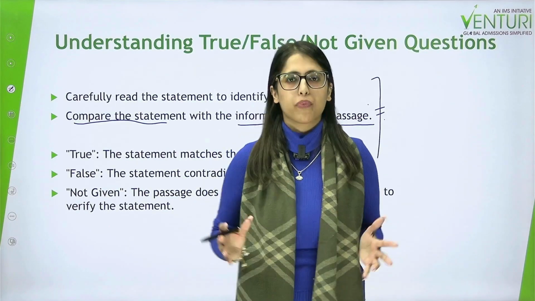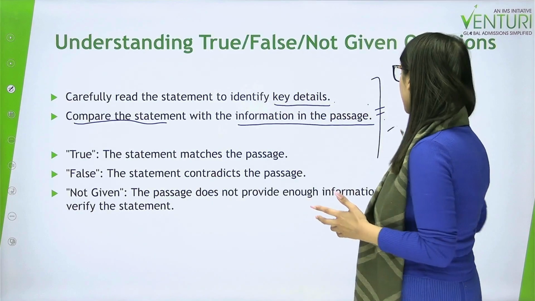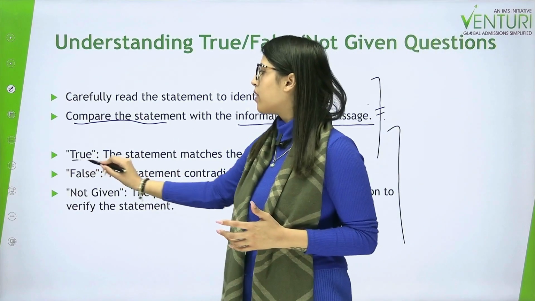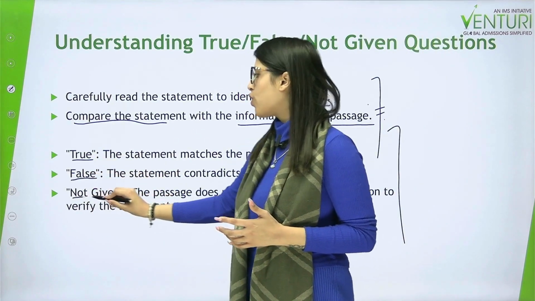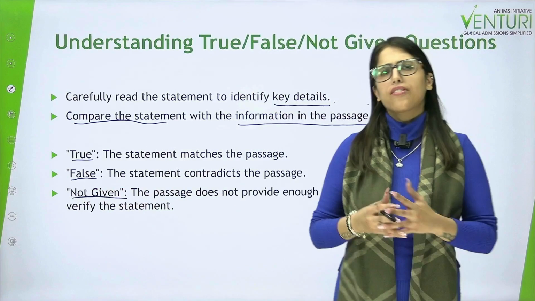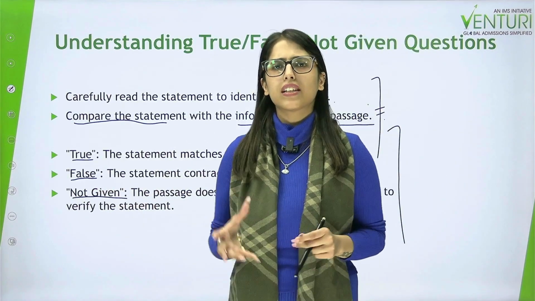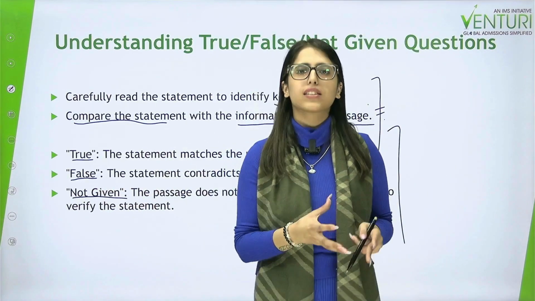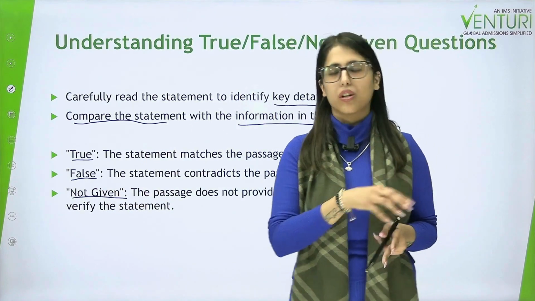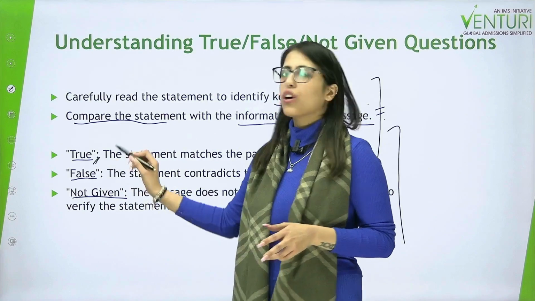Alright, now let's understand how you lock in your answer as true, false or not given. For true, if you see that the question statement is in true alignment with the facts given in your passage, then you lock true as your answer.